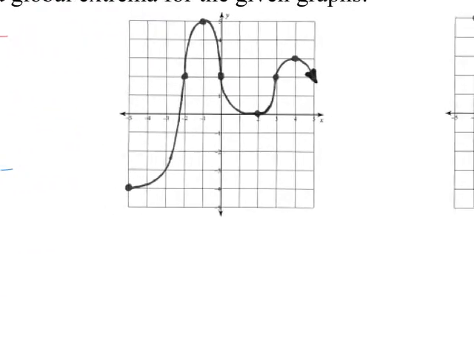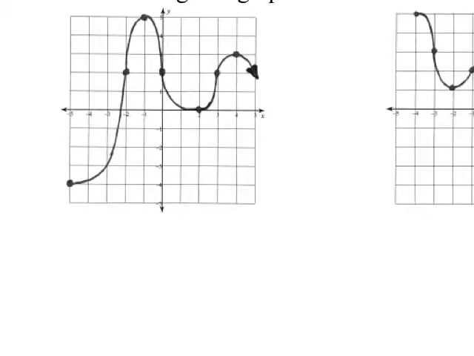Let's move to the next one. Next one, we see that there's an arrow on the end, so this curve keeps going downward. And some people might argue then that the absolute minimum is -infinity, but the problem with that statement is the absolute minimum actually needs to occur at a point.